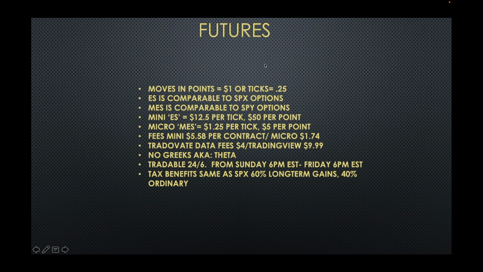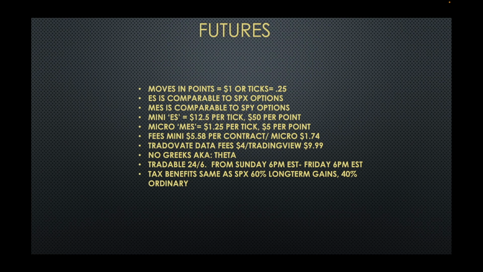The way futures move is it basically moves in 25-cent increments, which is considered a tick. And then 4 ticks equals $1, which is 1 point. So on the news and stuff, you'll hear them talk about the Dow has moved 100 points or lost 100 points.